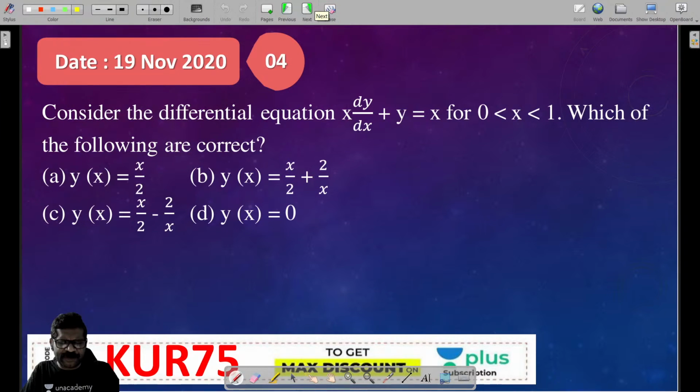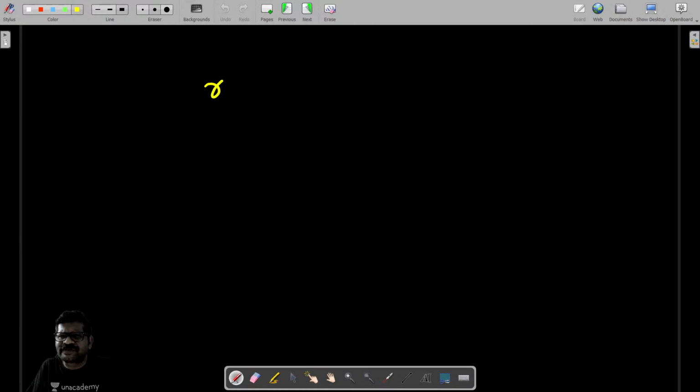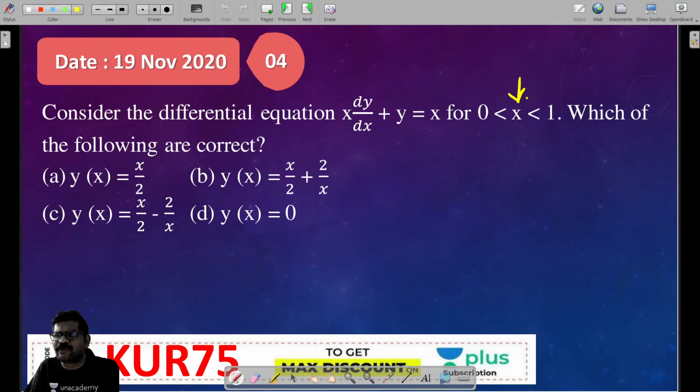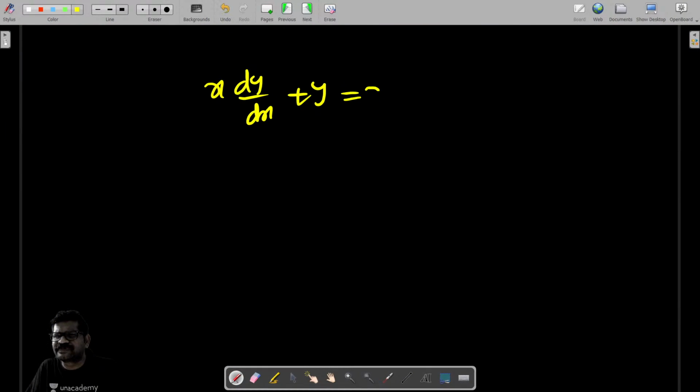x into dy by dx plus y equal to x for 0 less than x less than 1. Which of the following are correct? Now, x into dy by dx plus y equal to x.